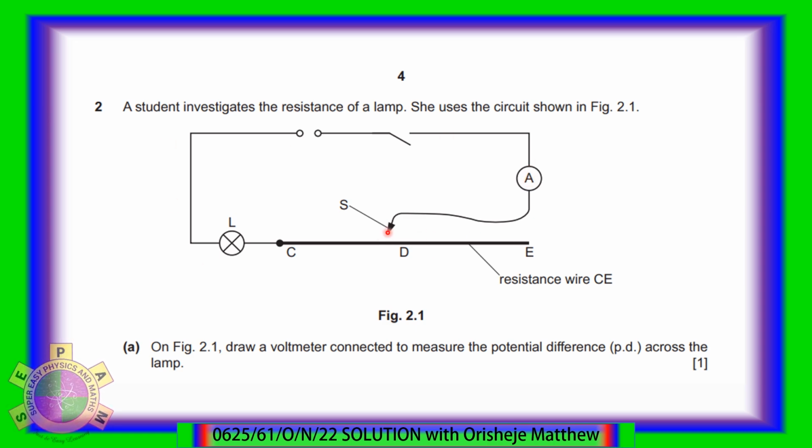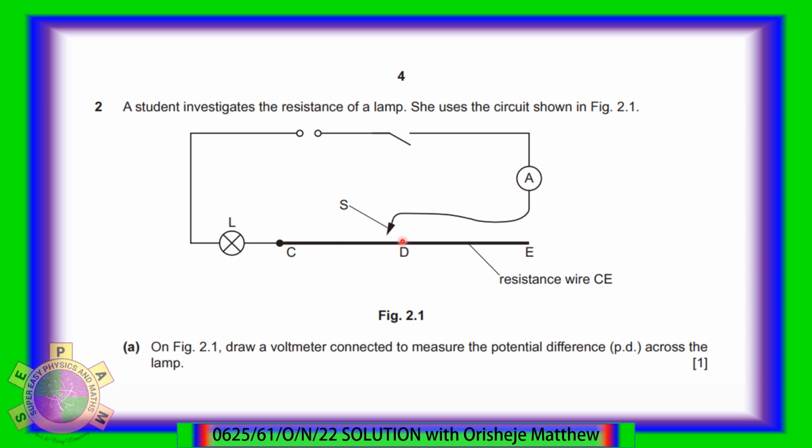Then as she slides the jockey from C to E, she is increasing the resistance, because the resistance of a wire increases with length. The longer the wire, the greater the resistance. So if you put the jockey at C, you have a small resistance.